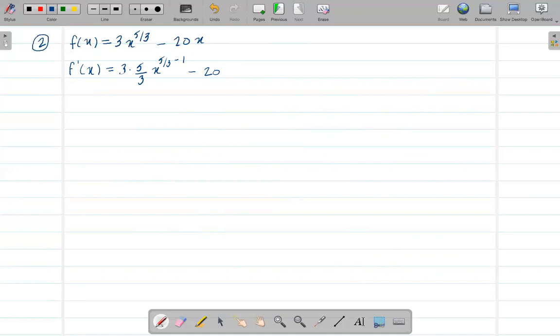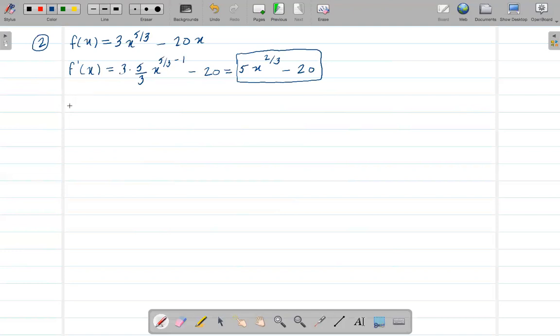So the 3s cancel, and we just get positive 5 x to the power of 5 over 3 minus 1, which is 2 over 3, and still have the negative 20. So this is f prime.